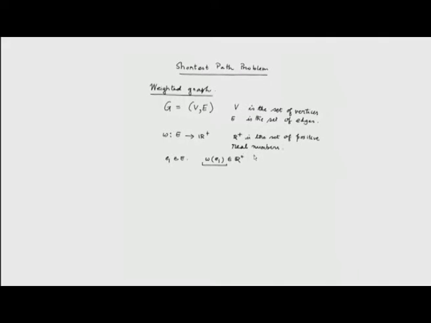Let us look at an example. Let us consider a graph like this. Suppose these are the vertices A, B, C, D and E, and the edges, suppose E 1, E 2, E 3, E 4, E 5 and E 6.